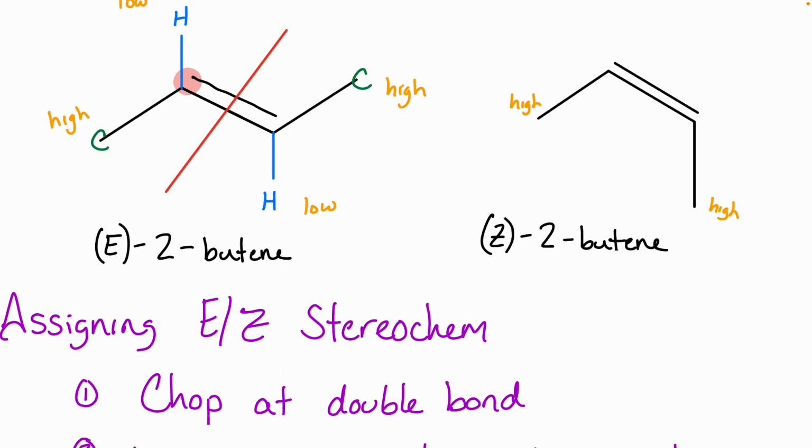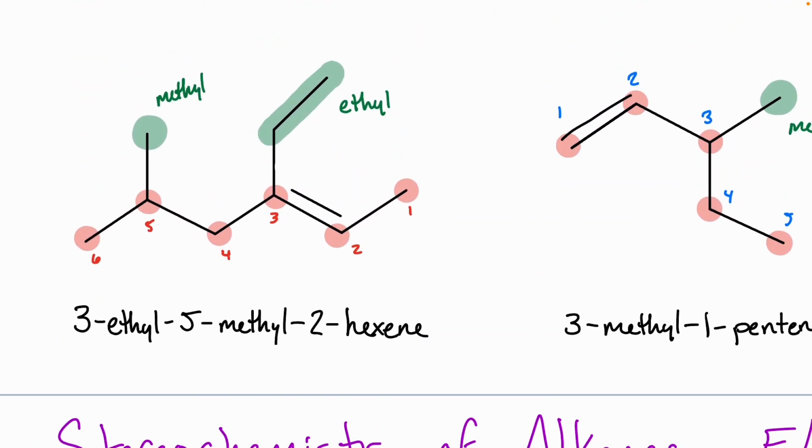We're going to do one example where you guys are going to assign stereochemistry, but real quick, let's go back to this first example here. Let me get rid of some of these markings so we can see a little bit more clearly. I didn't assign any E or Z stereochemistry here, okay?